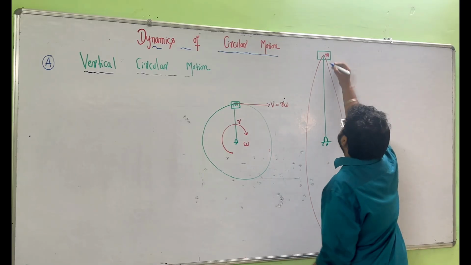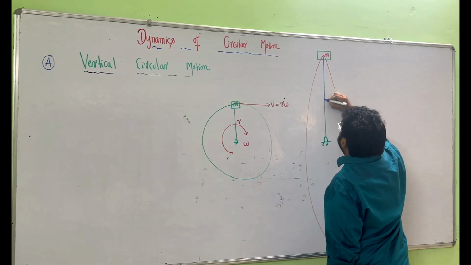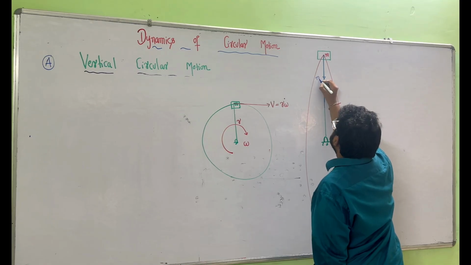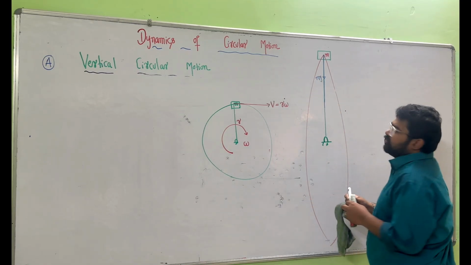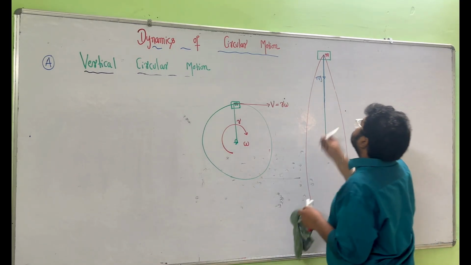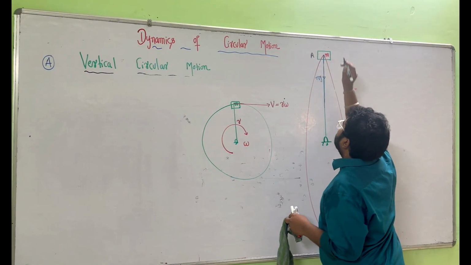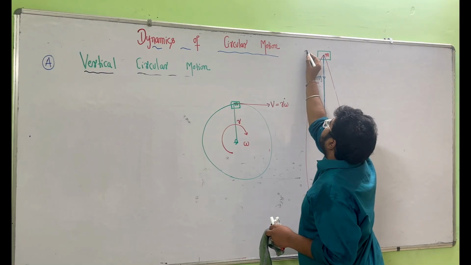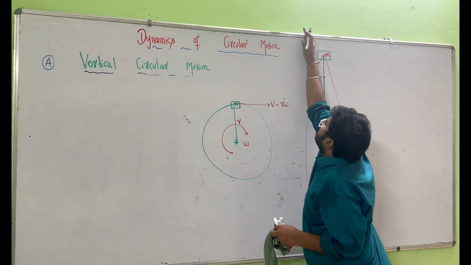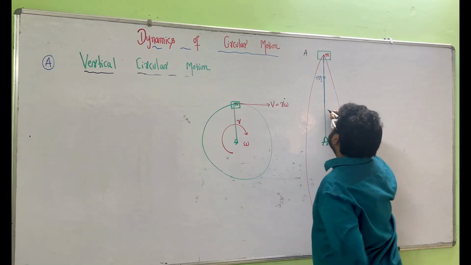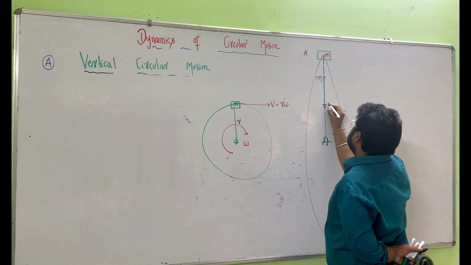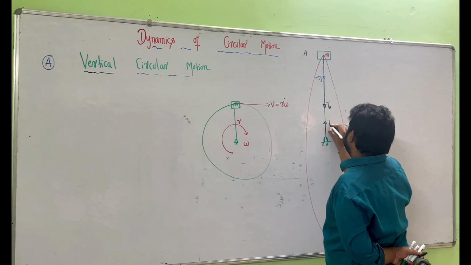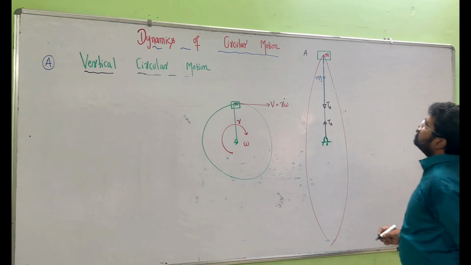Weight mg is always in the vertically downward direction. Tension always pulls the body. So what is the tension when the point mass is at top?